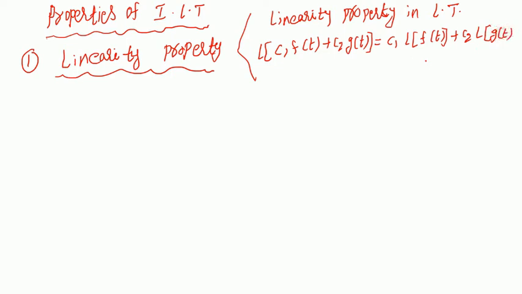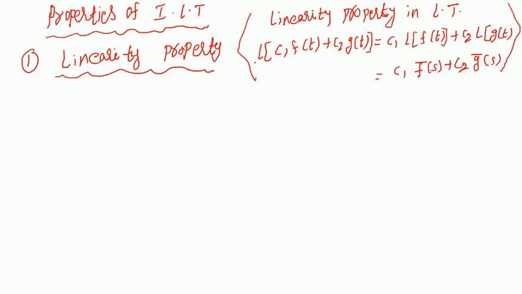Or this left side value can also be written as C1 into L of f of t, which is nothing but f bar of s, plus C2 into L of g of t, which is nothing but g bar of s. Right, this is the linearity property in the Laplace transform.